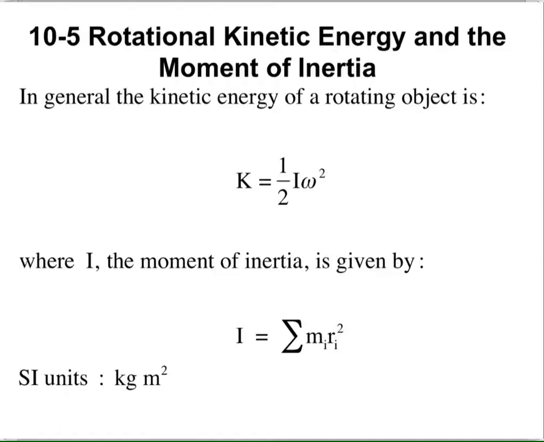When you rotate a solid sphere around an axis which passes through its center, again, it has mass distributed all over the volume of the sphere. So which mass, which portion of the sphere, do you have to multiply by r squared, which is the radius of the rotation?